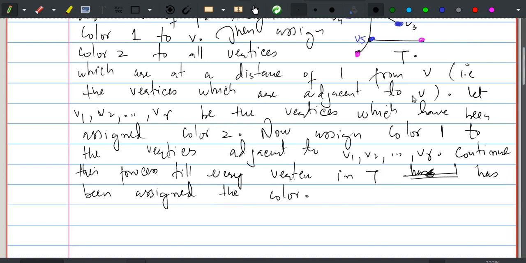So in this process we observe that in T all vertices which are at odd distance from v are colored with color 2, and all vertices which are at even distance from v are colored with color 1.